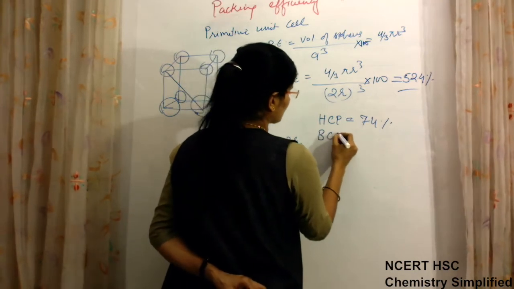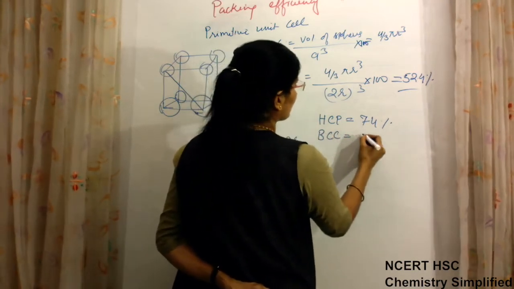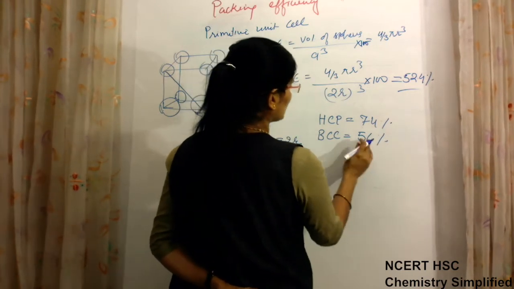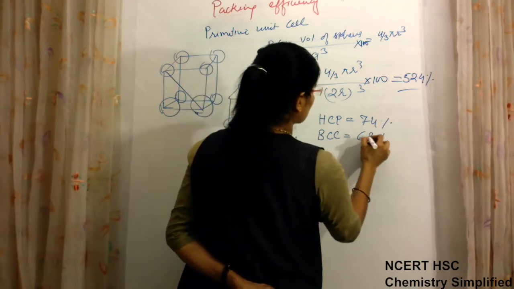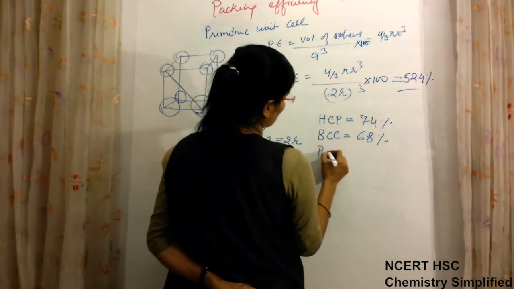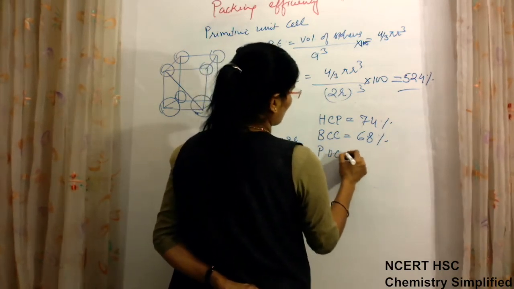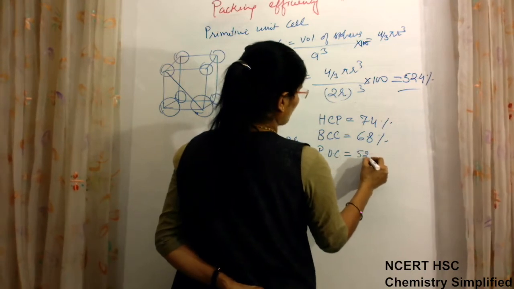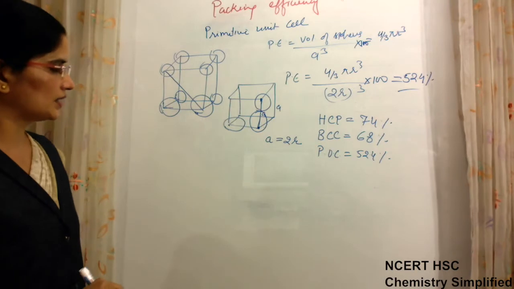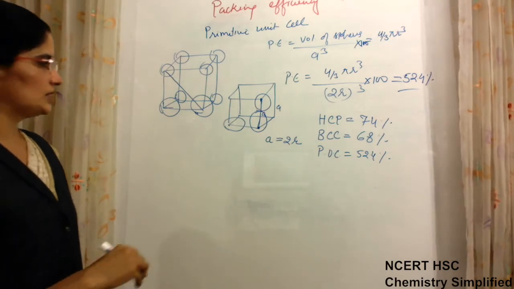For BCC, we have 68%. And for the primitive unit cell, or simple cubic structure, we have 52.4%. These three.